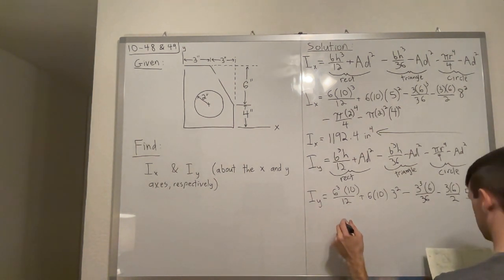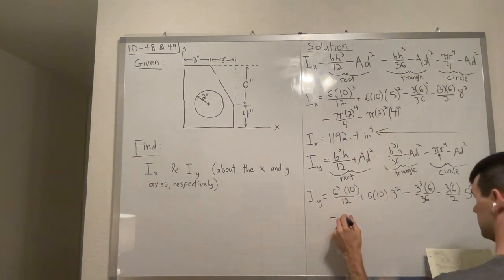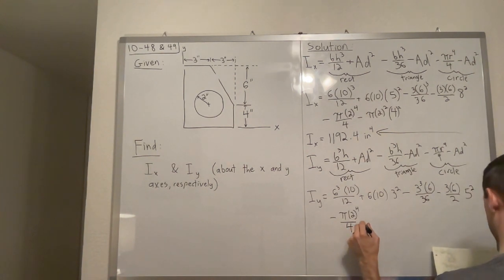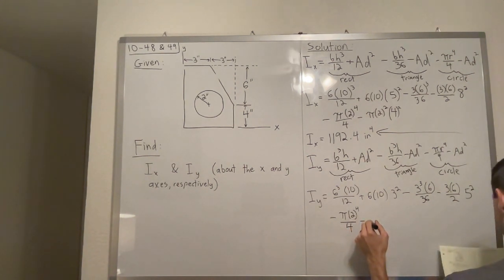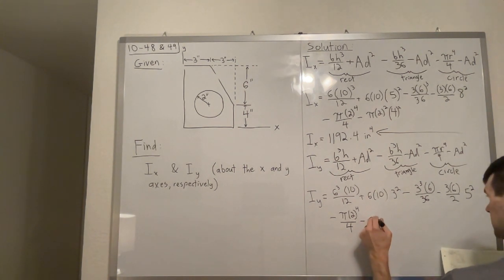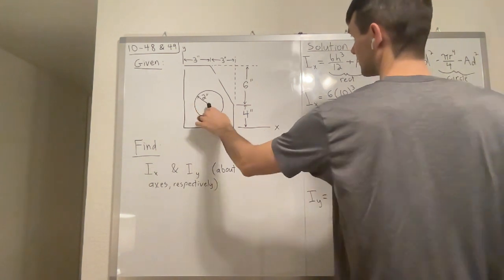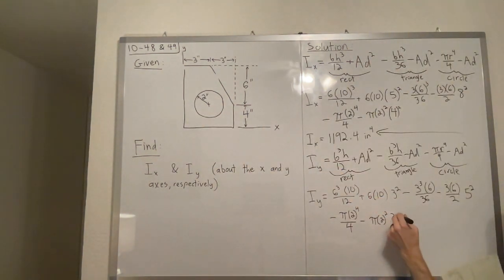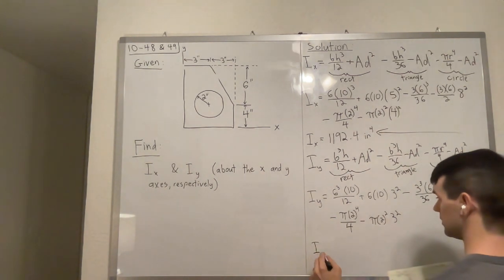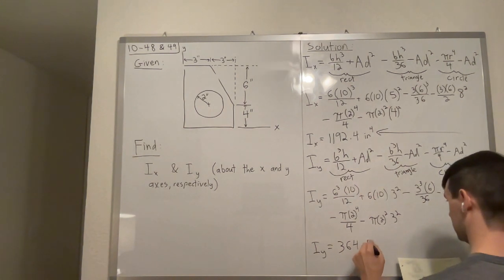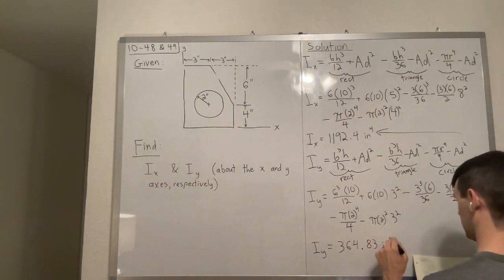And then finally the circle, same area, so pi r to the fourth divided by 4 minus the area, pi r squared times the distance, which is now from the center of the circle to the y-axis, 3. And we get that Iy equals 364.83 inches to the fourth.